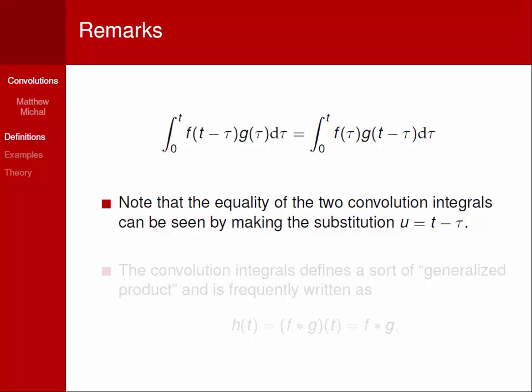So as I mentioned before, this is the same thing. I just need to do a u substitution. If I set this equal to u, this ends up becoming t minus u.